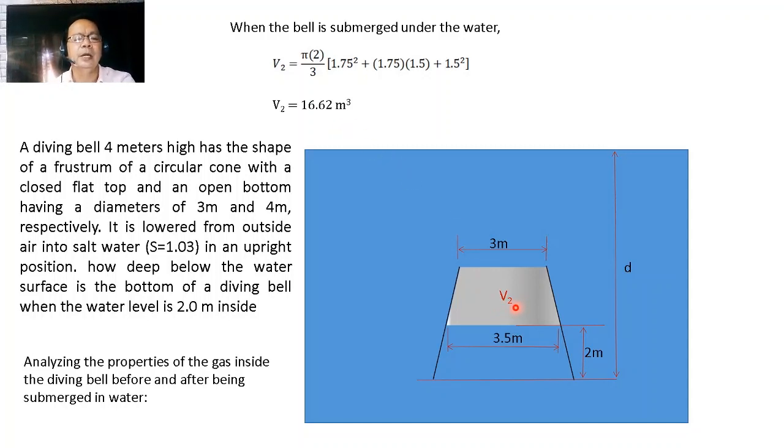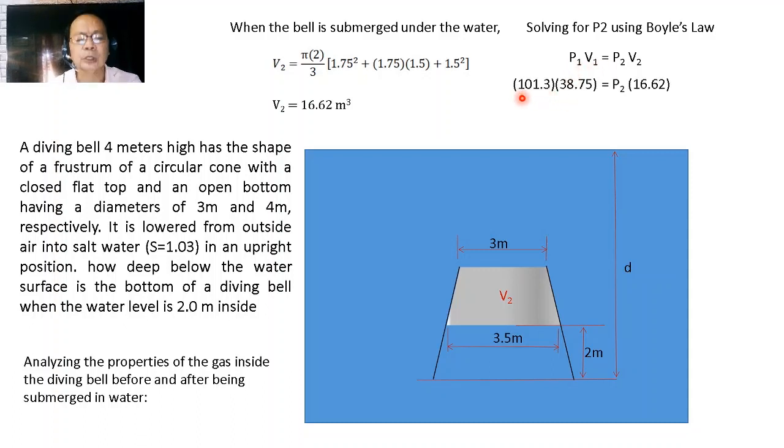Okay, and if we're going to solve for P sub 2, then we apply the principle of Boyle's law, which says that the product P1 V1 is equal to P2 V2. Substituting our values here, our P1 is equal to 101.3, with the volume equal to 38.75, and P sub 2 is the unknown, with the volume, while it is now immersed, equal to 16.62 cubic meters.